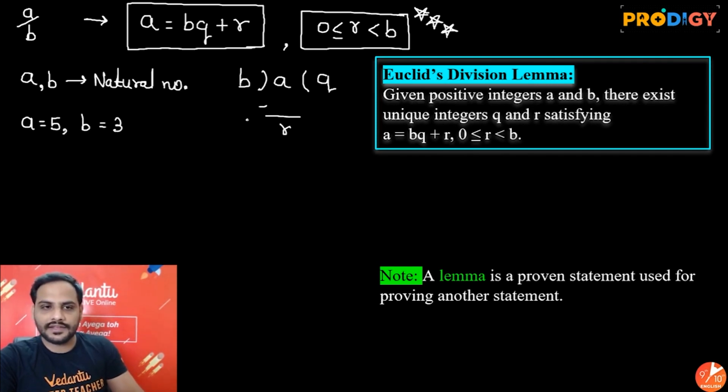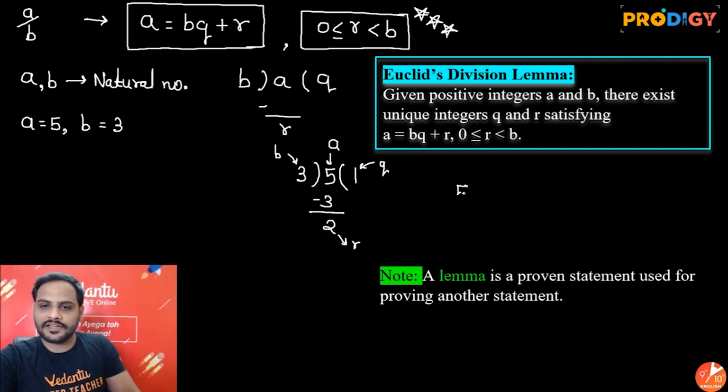If I have to write it in this form, a is equal to bq plus r, divide 5 with 3. 3 ones are 3, subtract, the remainder is 2. So I can say a, b, q, r.